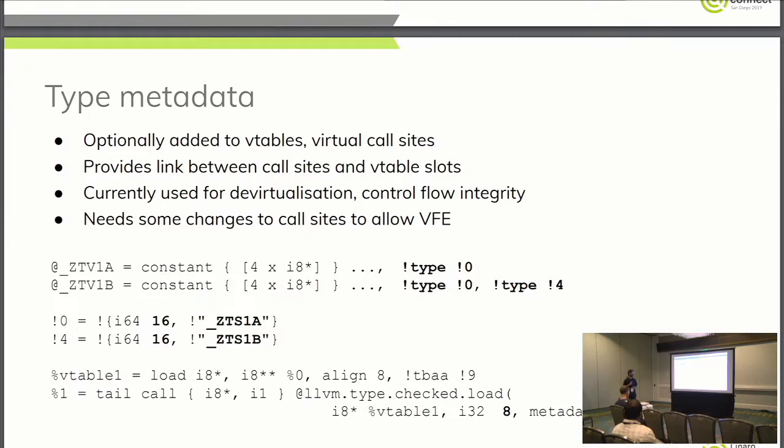And with some small changes, we can use this to do virtual function elimination. I won't go through this in detail, but these are the virtual table global variables with extra type annotations on the end. And this is a snippet of a call, which uses this LLVM type checked load intrinsic function, which attaches the extra metadata that allows us to make this link.